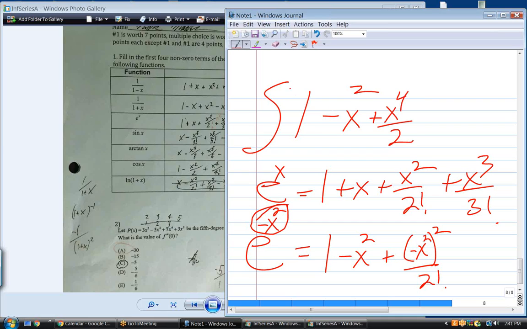And because I have the integral of the sum of a bunch of stuff, I can take the sum of the integrals. So I can integrate each of these terms separately.